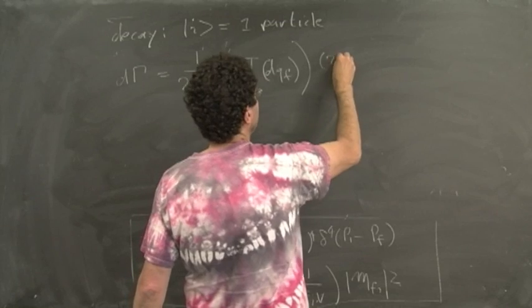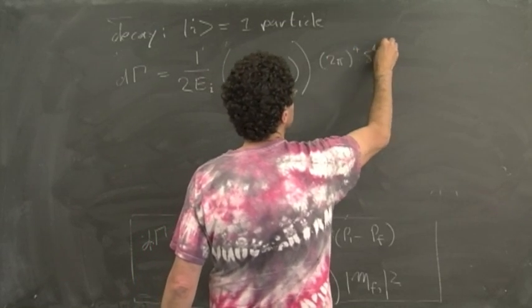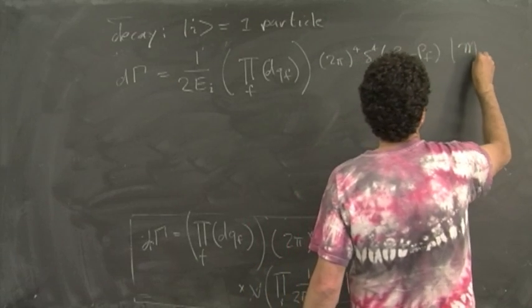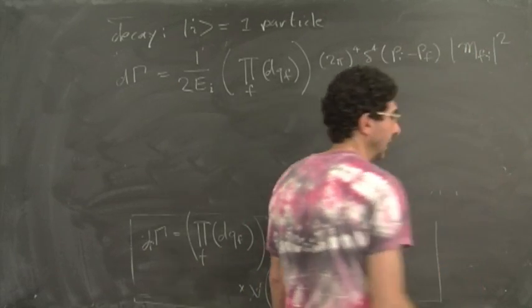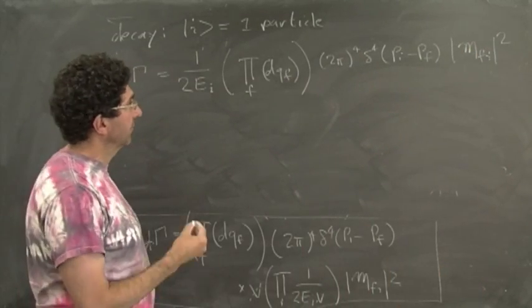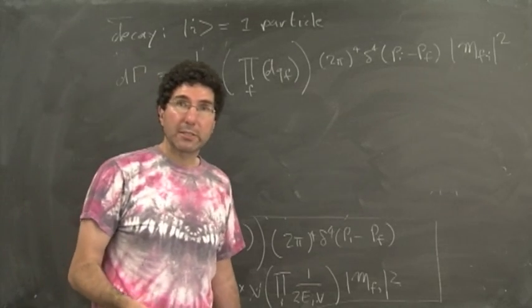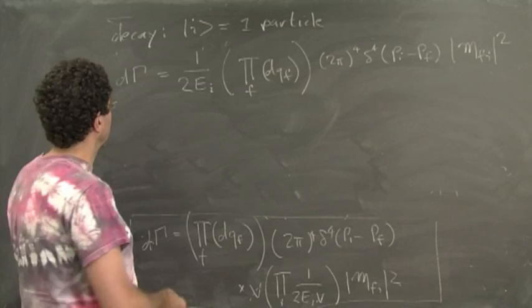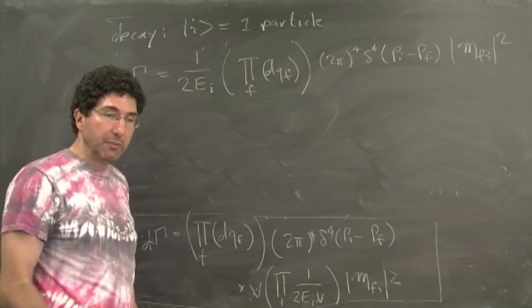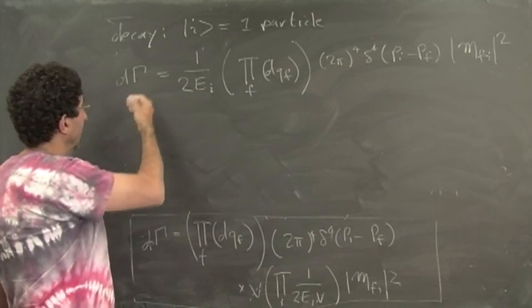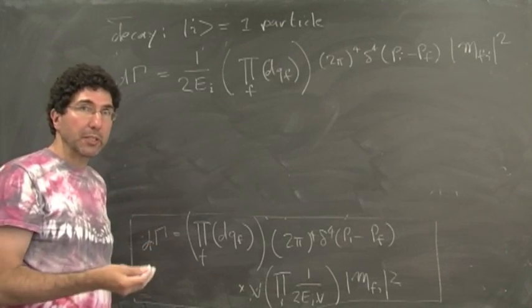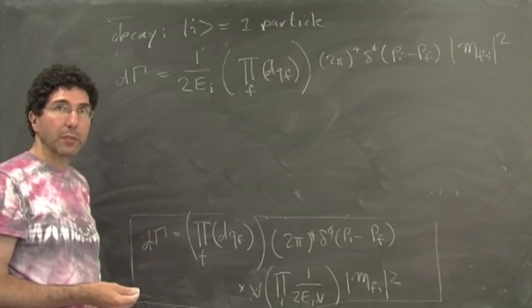We have our momentum conserving delta function, and then our matrix element squared, and that's it. So very nicely, the volume factors actually do cancel out. And so even in the infinite volume limit, there is a well-defined differential rate for the particle to decay, and that's very nice.